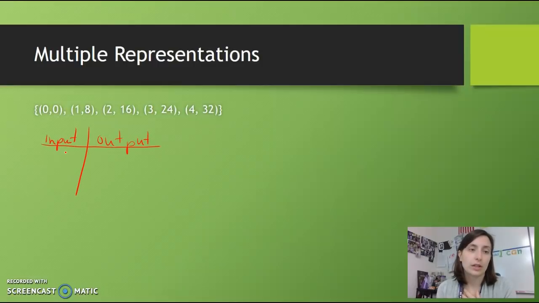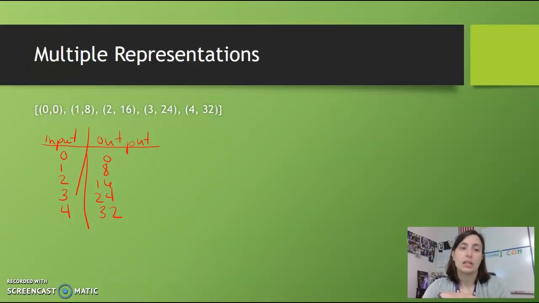And so then I would just go down and I have 0, 0, 1, 8, 2, 16, 3, 24, 4, 32. And so that's one way I can represent it. I didn't make my table go long enough. This is a T-chart, and it could be vertical, it could go horizontal, as long as it's a table with the inputs matching the output.